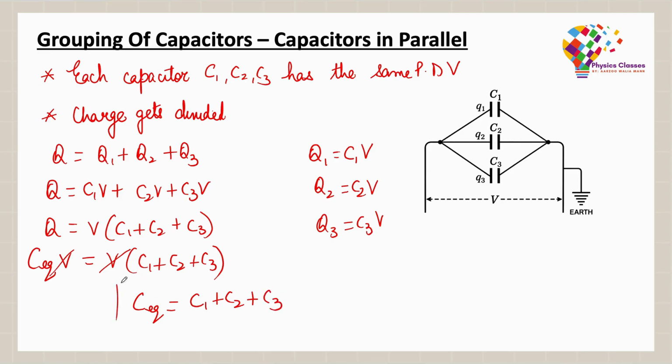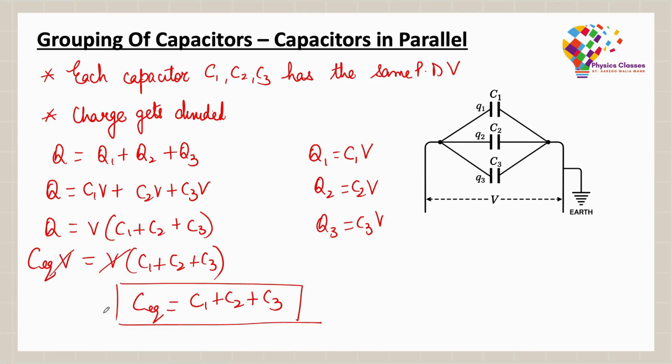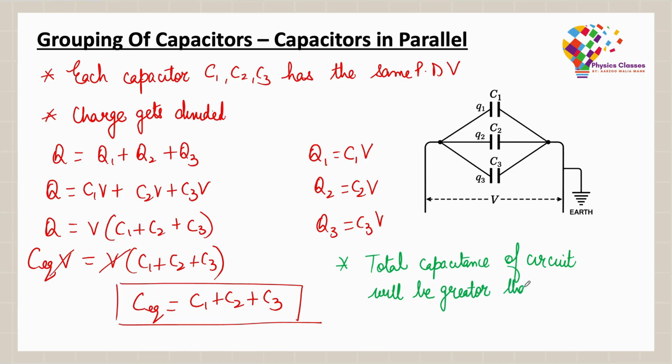So in a parallel circuit, we simply add the capacitances, and in a series circuit, we take the reciprocal. Now, one thing for you to notice here is that the total capacitance of the circuit will be greater than the individual capacitances.